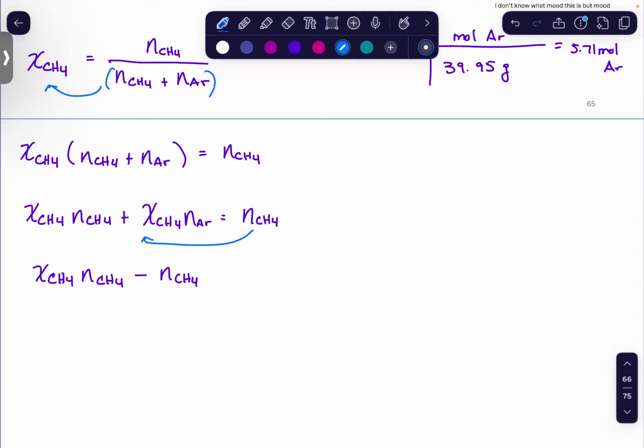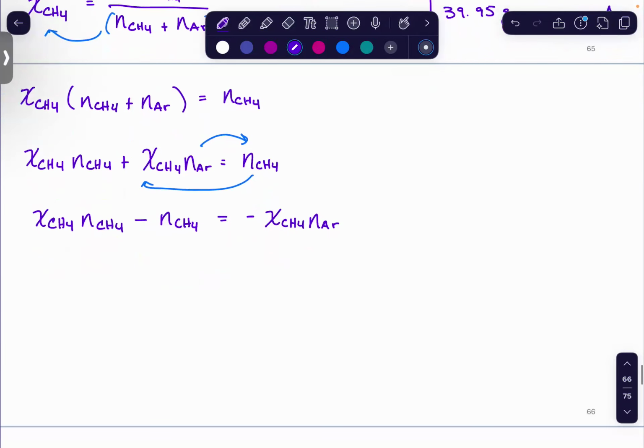Then I'm going to take this chi times N of argon over here. If I get rid of the negative sign, that flips these on this side: minus chi N CH4 equals chi CH4 N of argon.